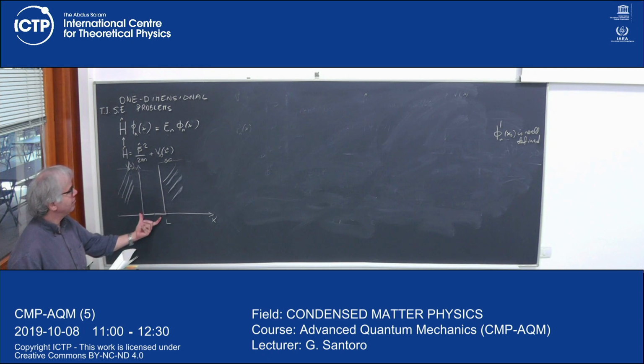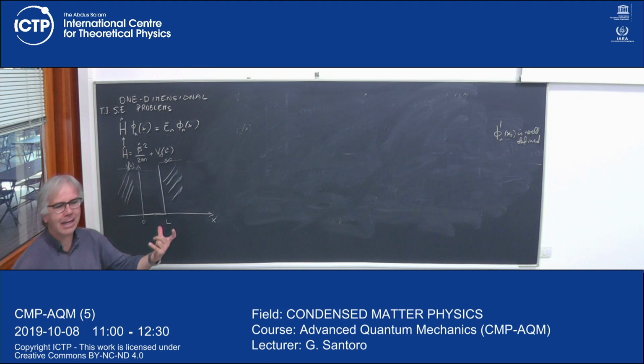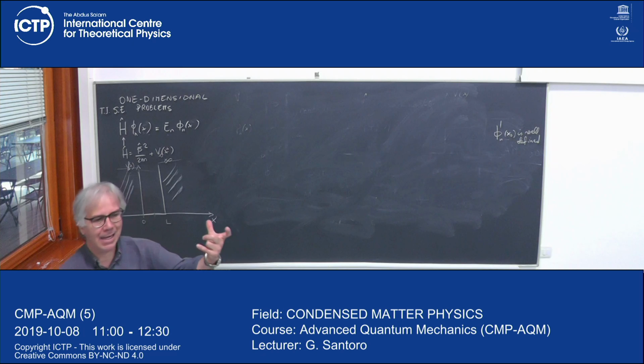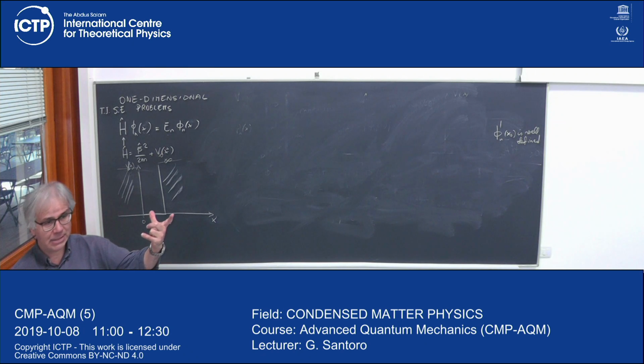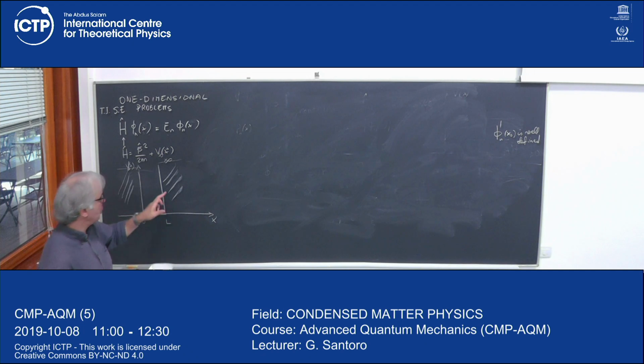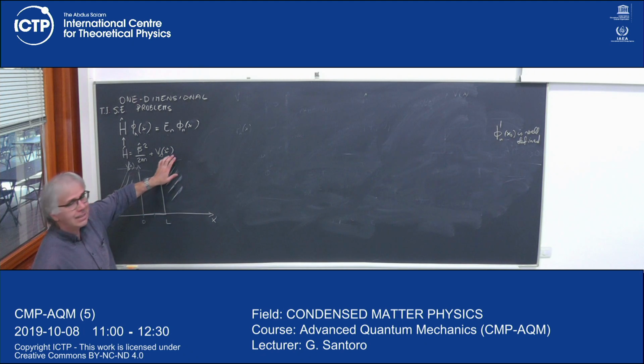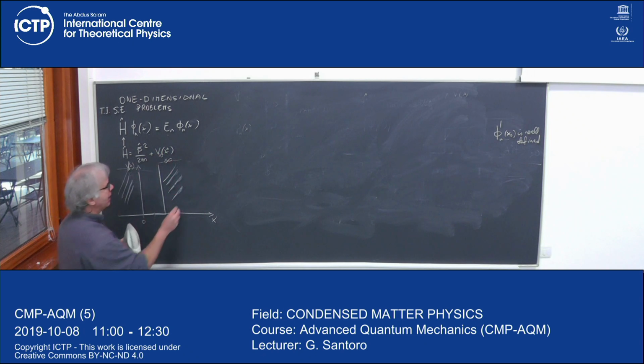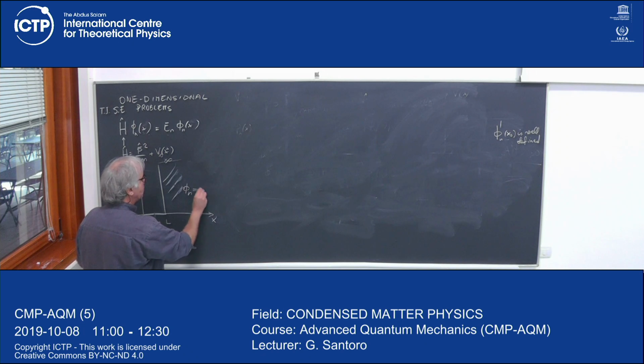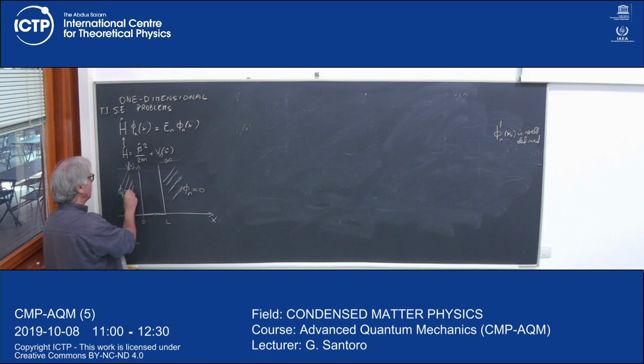So it's a bit like the box of length L that we studied yesterday. Remember the periodic boundary condition, but now the conditions are not periodic, because the wave function here should be 0. There could be no particle in a place where the potential is infinite. So here, phi n is equal to 0, and here, phi n is equal to 0.